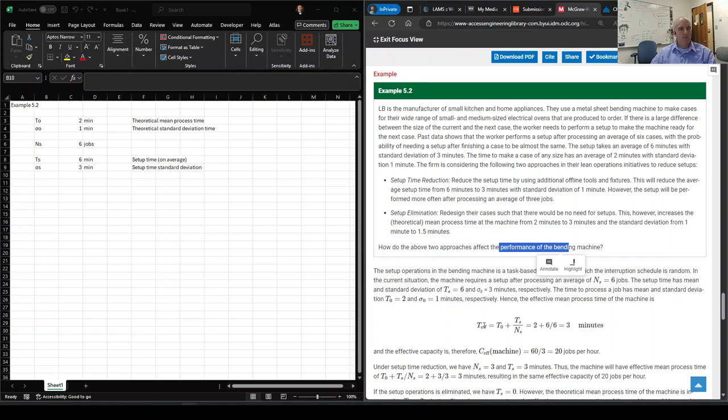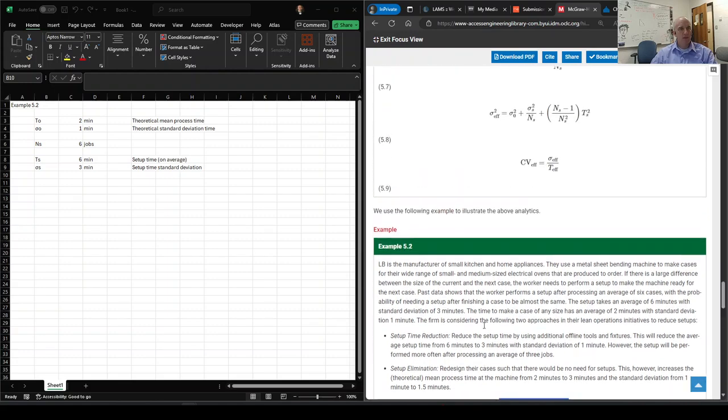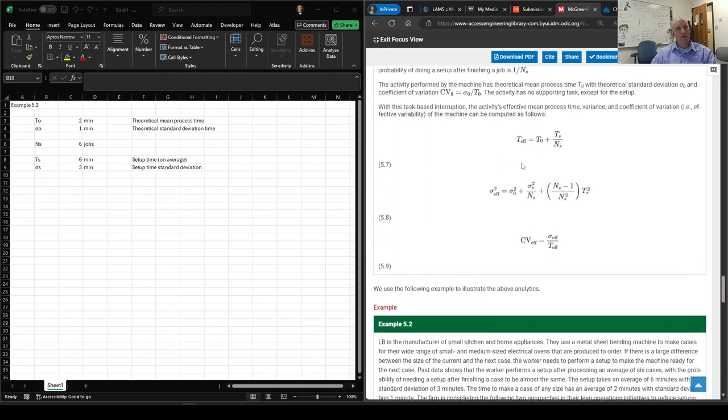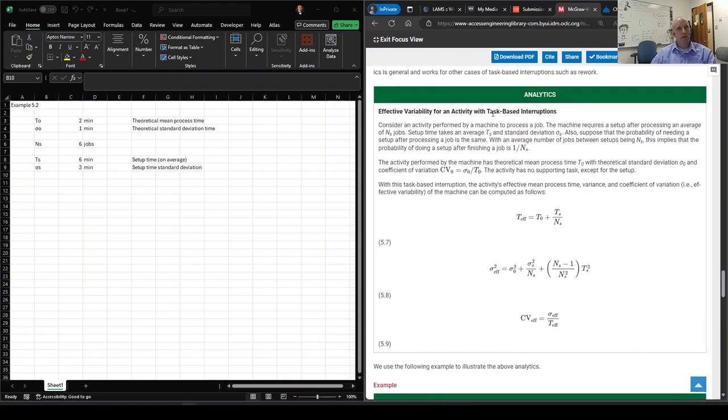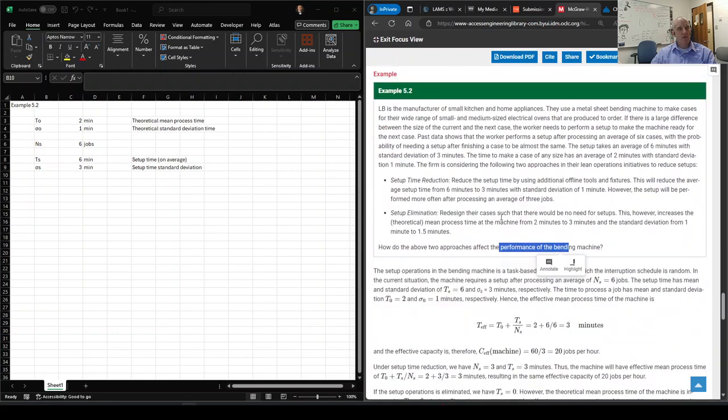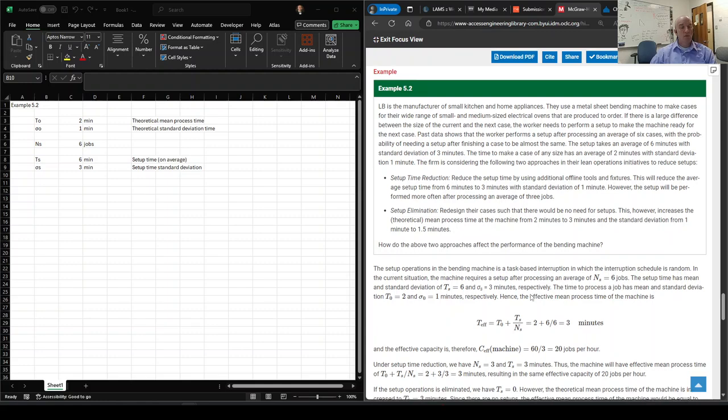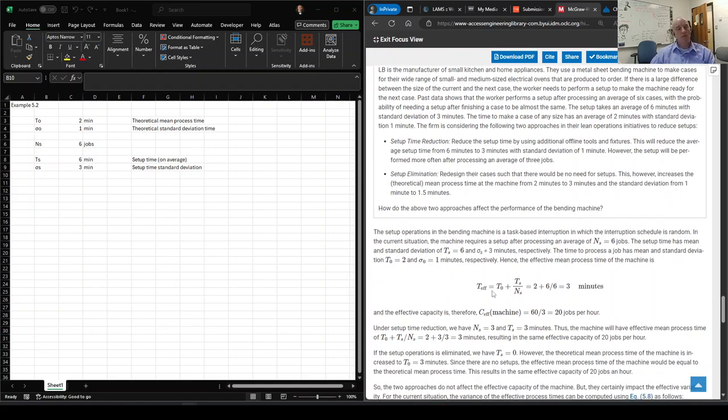So the effective mean process time is 3 minutes. These come from some equations right up above, where it says this is a task-based interruption. So this is saying after 6 jobs, every 6 cases, that's our N. So we're using these formulas to find out what our effective mean process time is so that we can figure out what our effective capacity is.